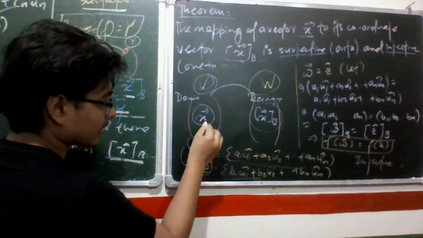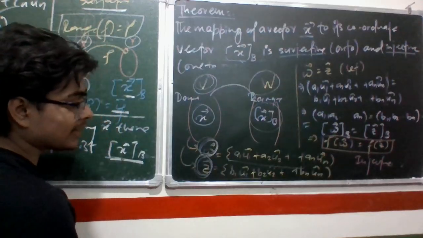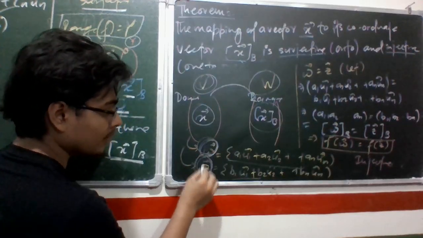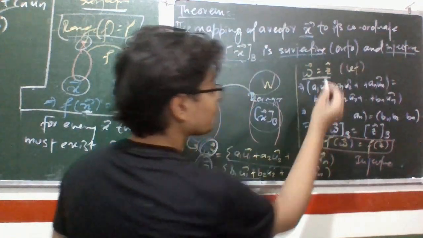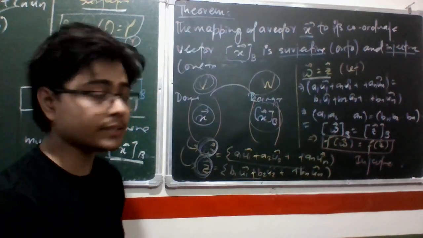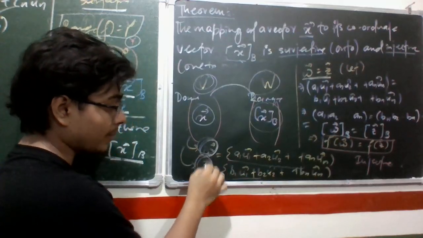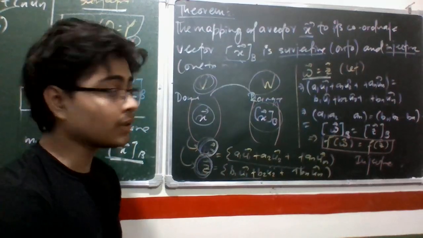That means we can consider these to be elements of the domain. So we can say that if these domain elements are equal, then if it is an injective function, the range corresponding to these domains must also be equal.